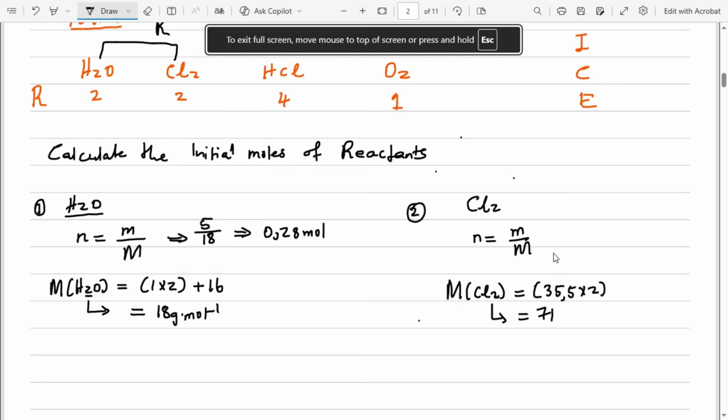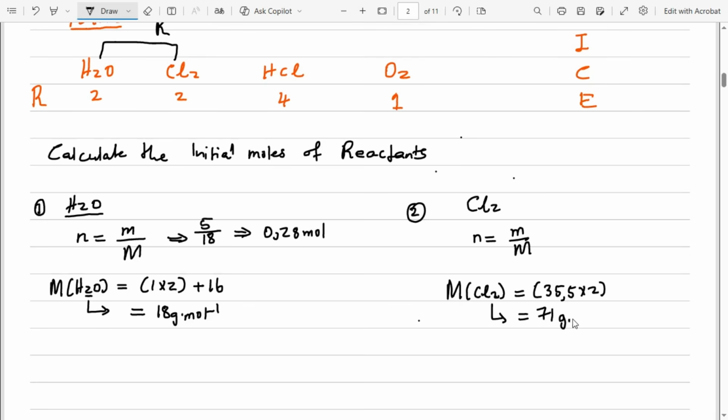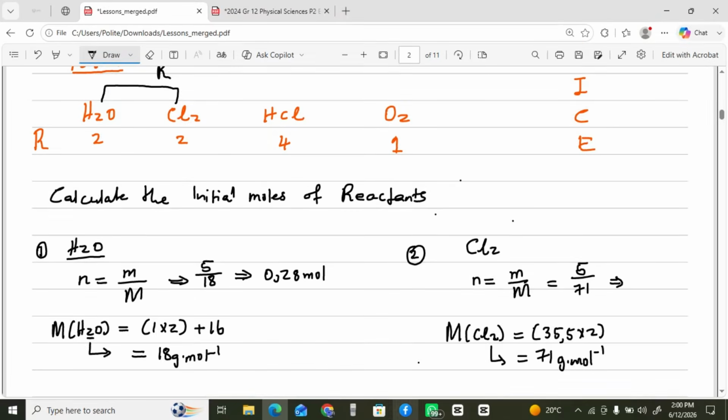So this is 71 grams, not number of moles, but the molar mass. So remember, this was also 5. We divide that by 71. So whatever you get is going to be the number of moles of chlorine.